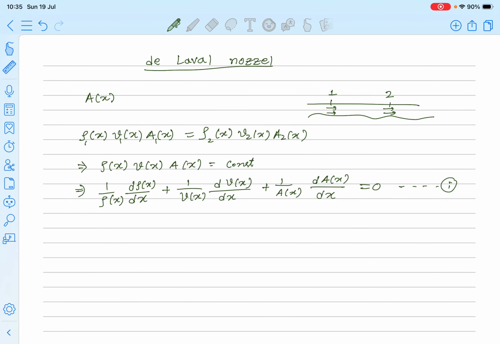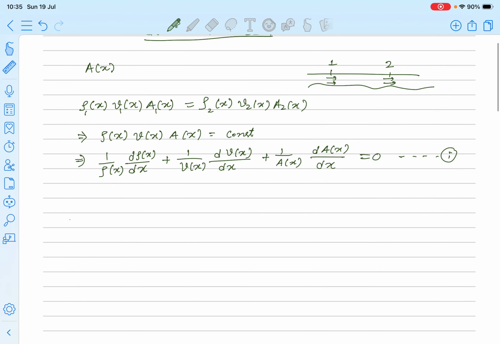Now we can write the Euler equation in one dimension as follows: V dV/dx equal to minus 1 by rho dp/dx, where dp/dx is the pressure gradient in the flow. Now we have the relation between p and rho, p equal to k rho to the power gamma.